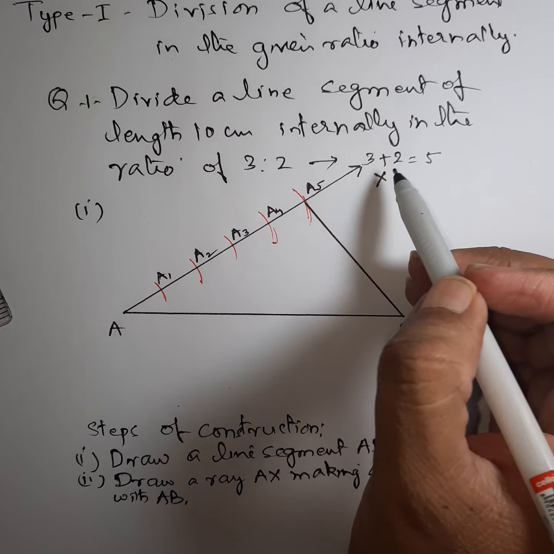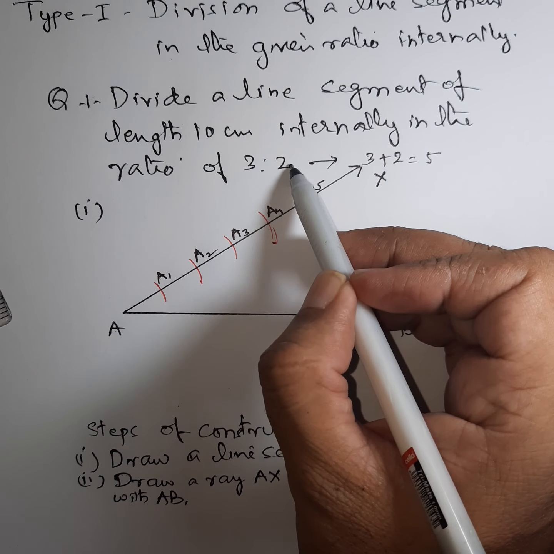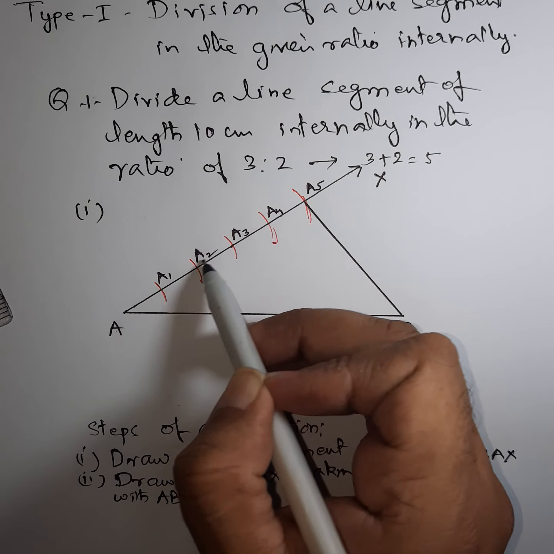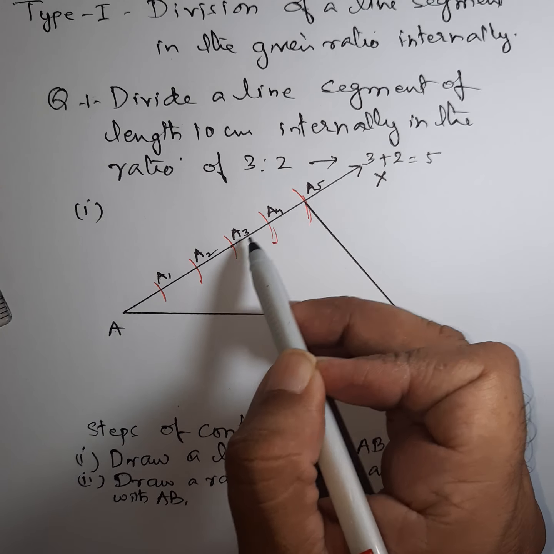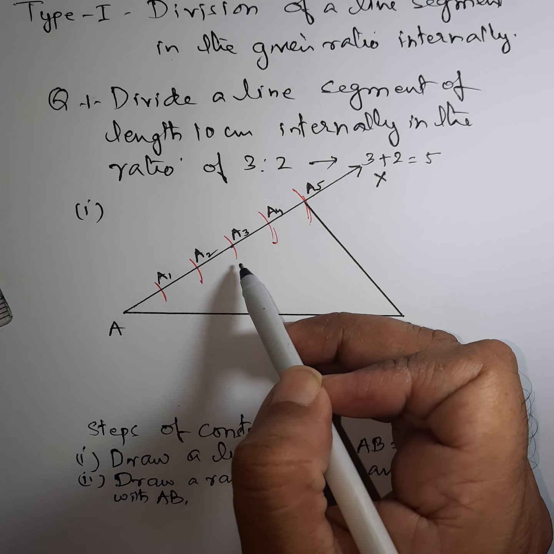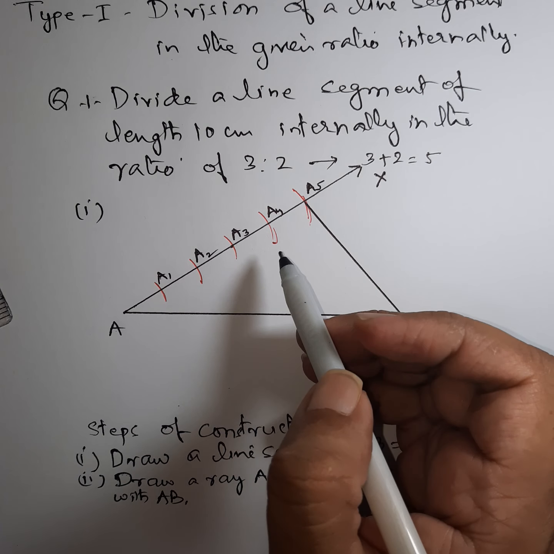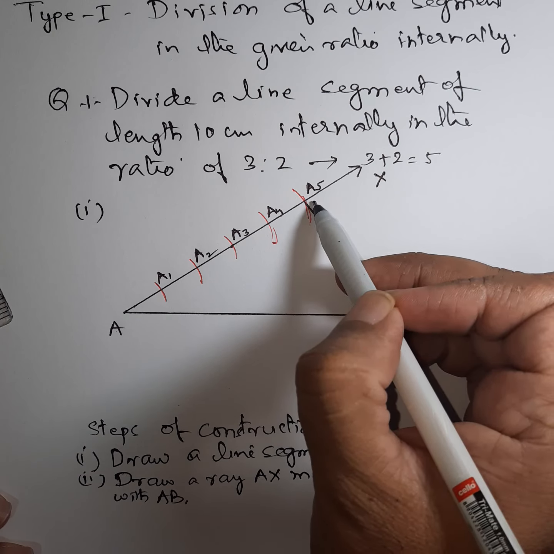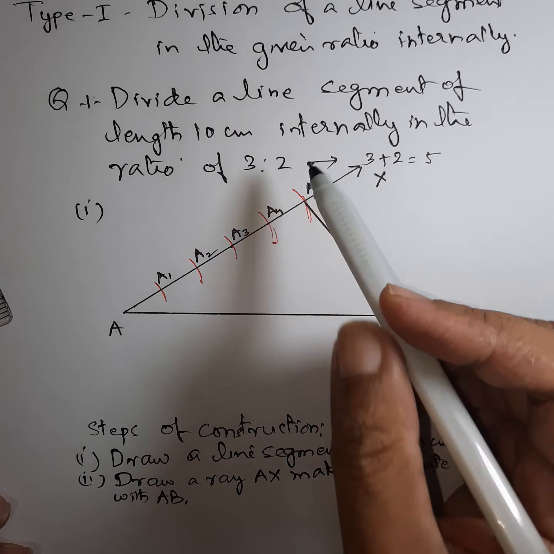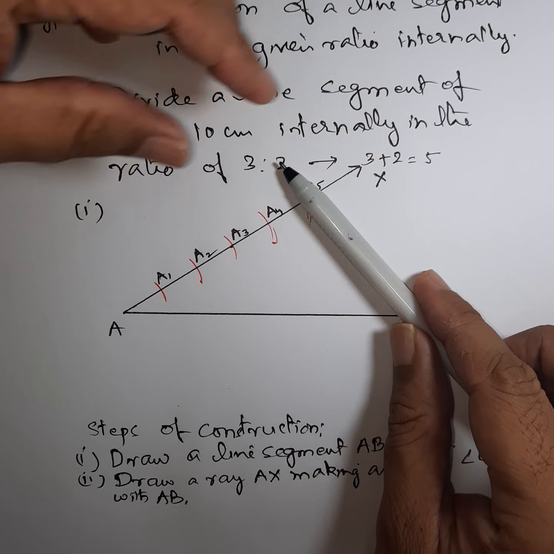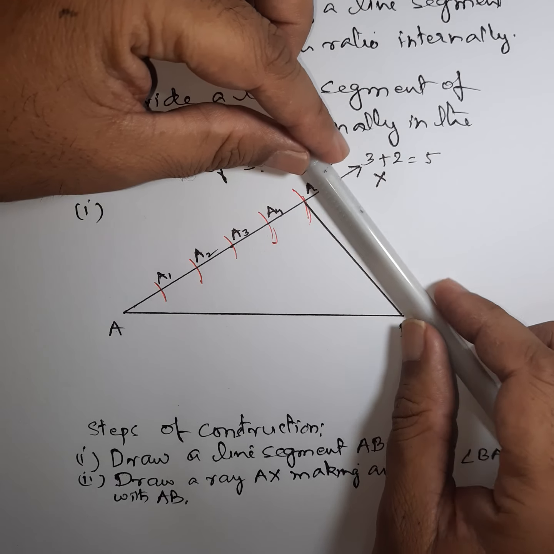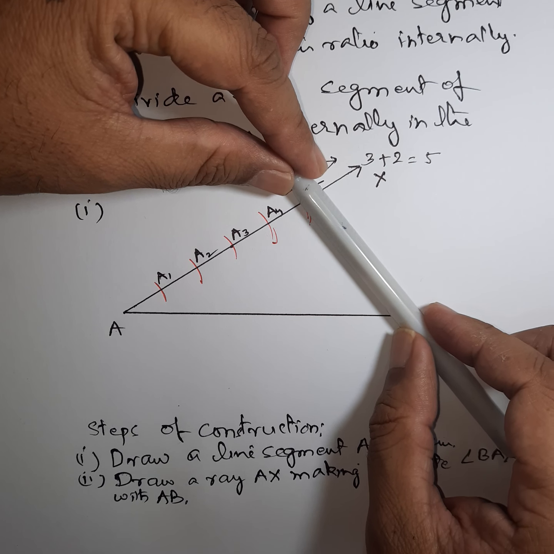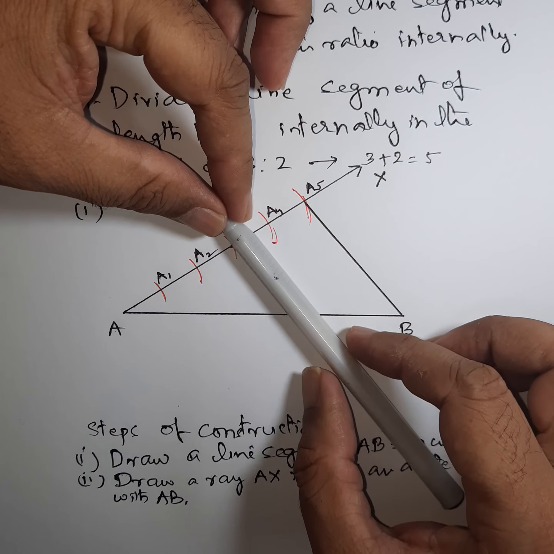After that, as you have seen here, we are dividing into 3:2 ratio. So these are the 5 parts. From the third part, because 3 parts we have to leave on the left side and 2 parts on the right hand side. So at A3 we have to draw a line passing through A3 and parallel to A5B. If two lines are parallel, they make the same angle.